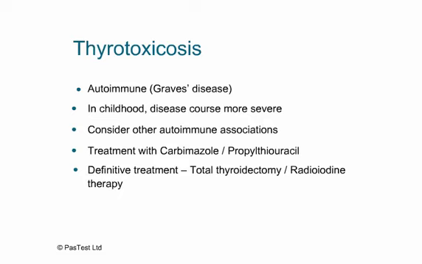Treatment of thyrotoxicosis as a first line is with carbimazole in the UK. In a proportion, children will need definitive treatment in the form of total thyroidectomy or radioiodine treatment. Usually, medical treatment is started. A period of about 2 years is given for the child to show any signs of remission. If not, definitive treatment may be advocated.